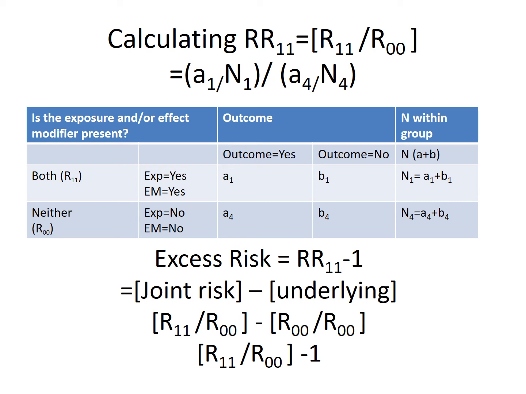And you're taking that and dividing it by the risk in the no-no condition. So that's the A4 divided by the N4. So the risk in 1-1 divided by risk in 0-0. And then you're subtracting out the underlying 1. So here I've spelled it out for you, R00 divided by R00, but that's essentially getting rid of the underlying 1 condition.